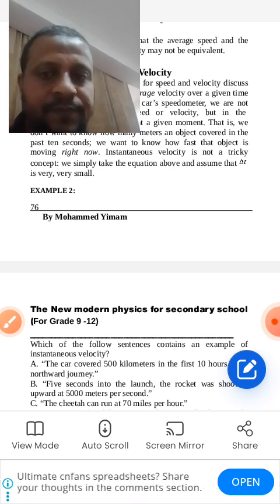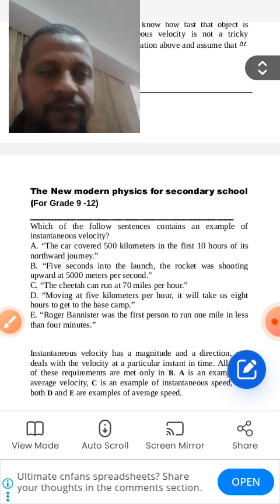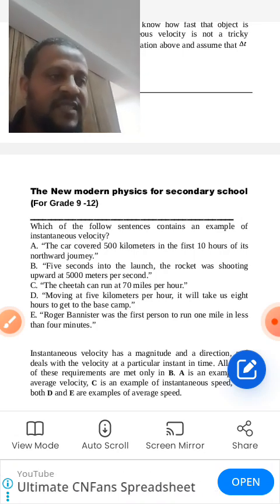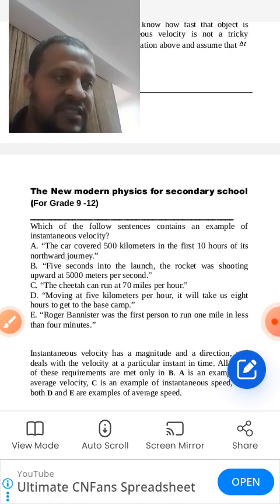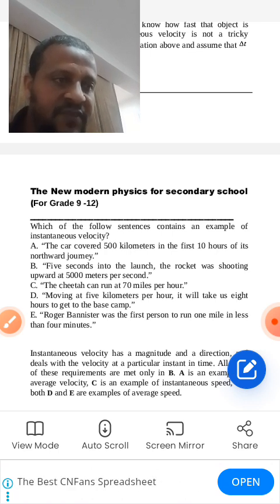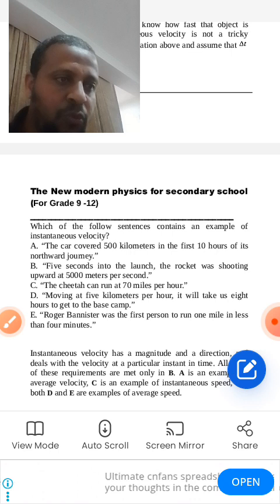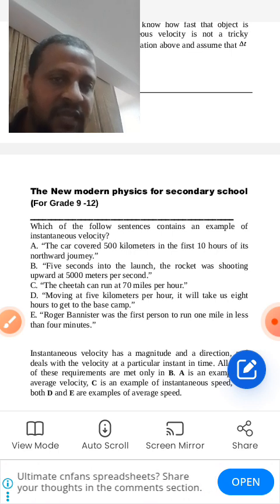Example: Which of the following sentences contains an example of instantaneous velocity? A. The convoy covered 500 km in the first 10 hours of its northward journey. B. 5 seconds into the launch, the rocket was shooting upward at 5,000 meters per second.